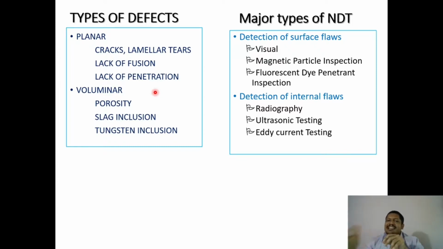So I'll just go through the various NDT processes, only an overview.